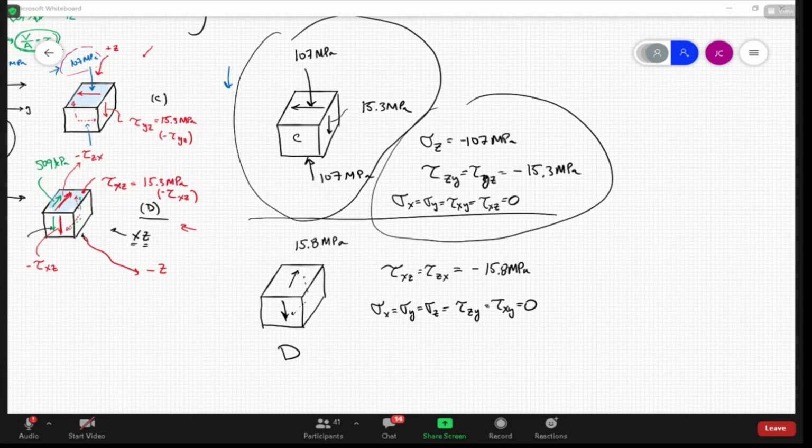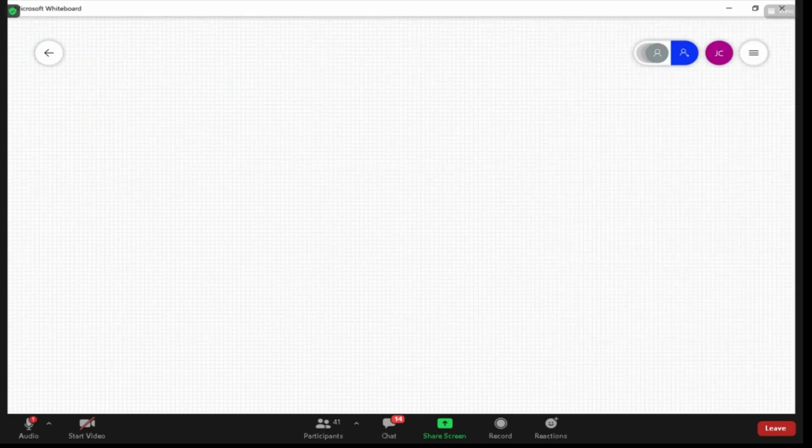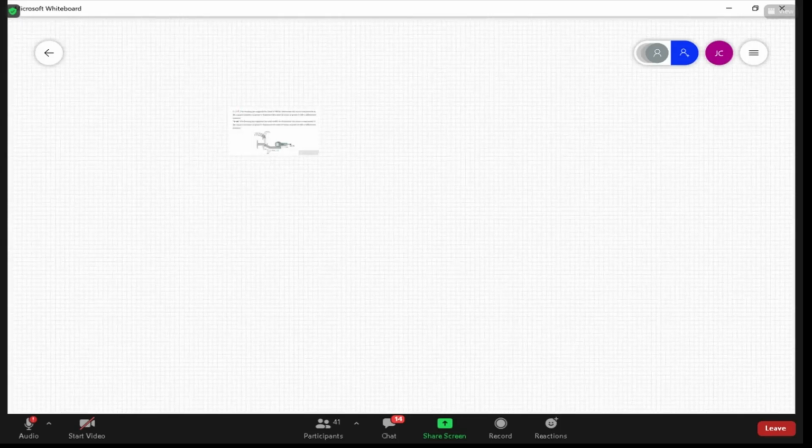All right, so this is the same problem, two different pictures. Or, well, same picture, two different problems. It's actually a little bit easier.